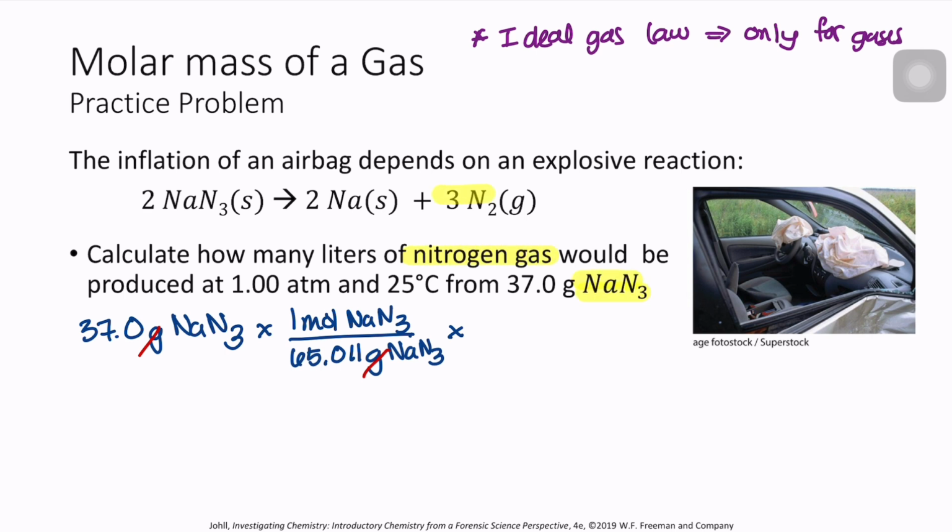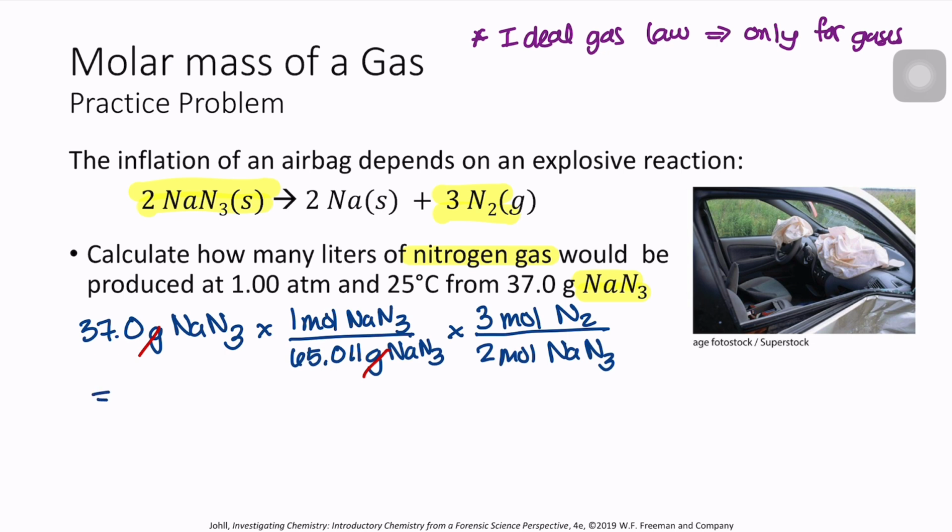So those are the only two components of this reaction that I'm going to look at for this problem. I know that I have to have moles of sodium azide on the bottom. So we will take 2 moles of our sodium azide, and the coefficient for nitrogen is 3. So it's going to be 3 moles of nitrogen.